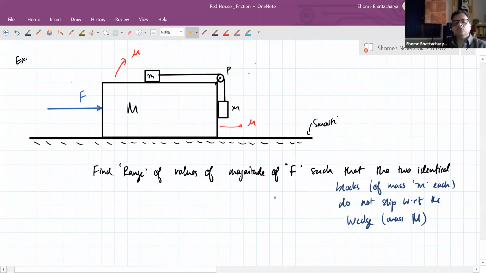So here you will get the range of F in terms of the given quantities, that is small m, capital M, and mu, and of course G, acceleration due to gravity. So try to work this question out.